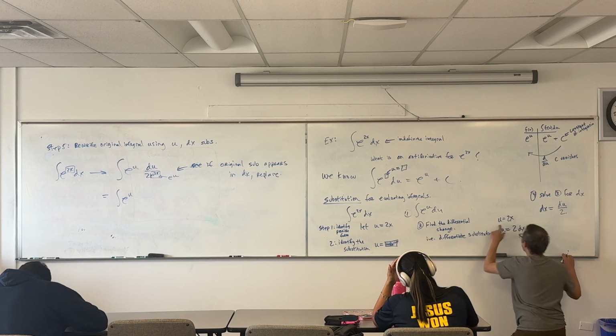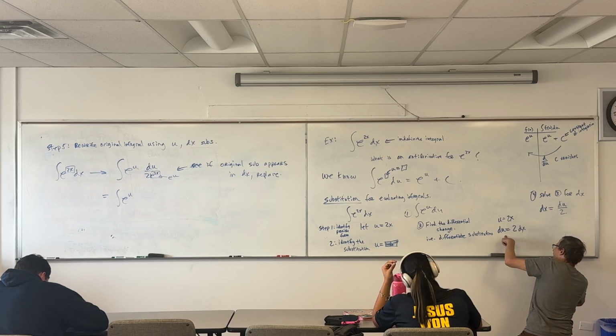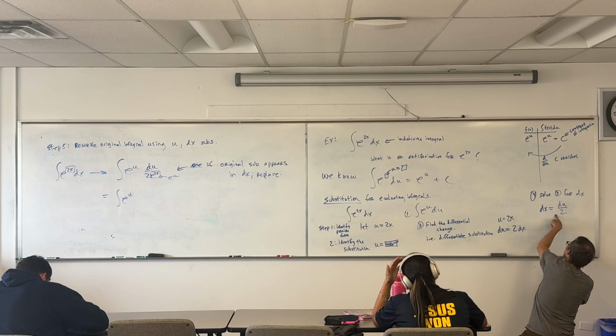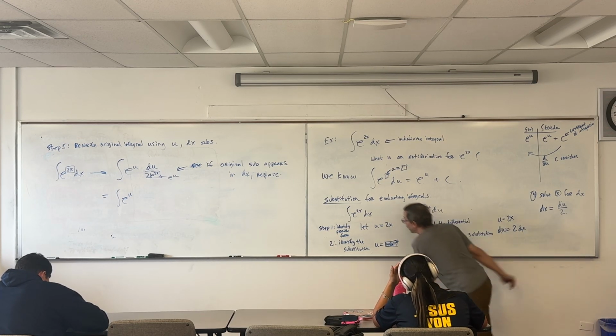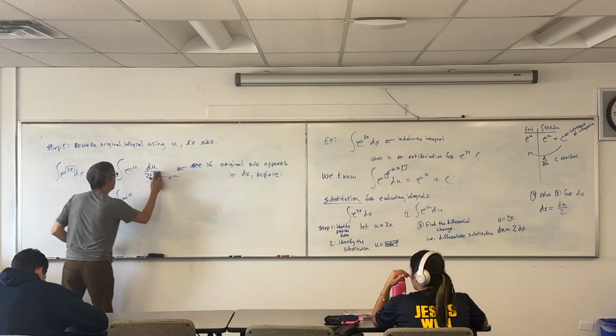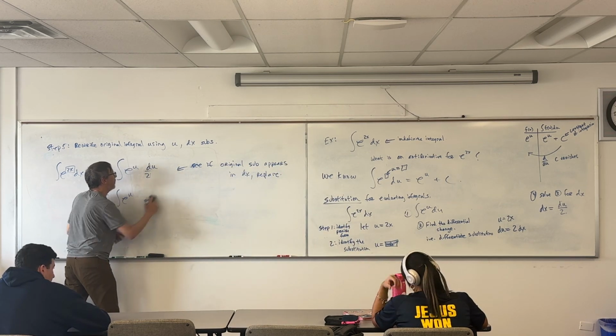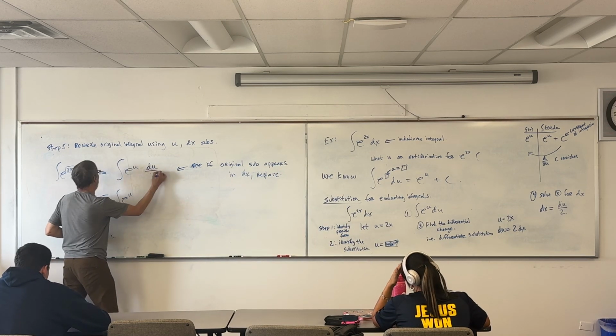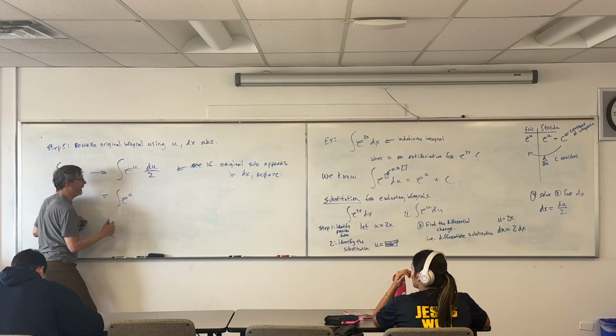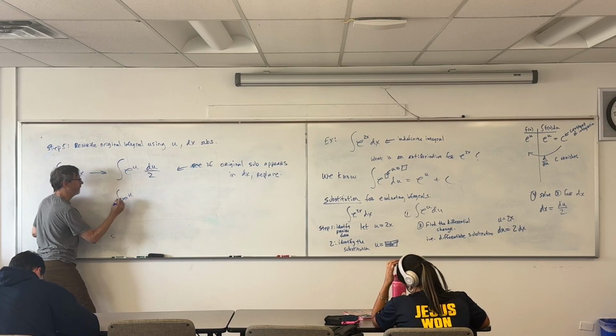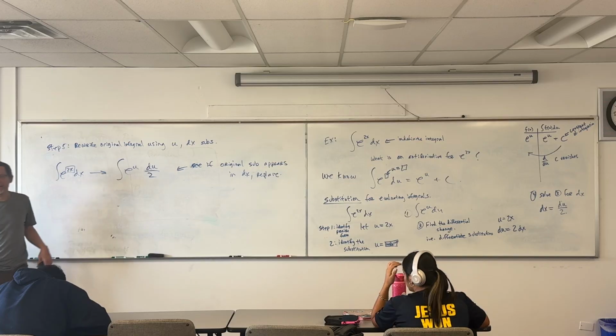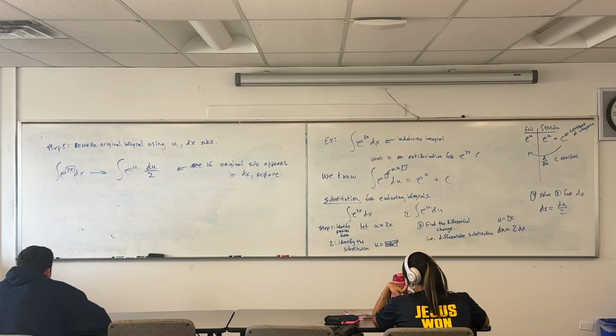So u is 2x, I differentiate that, and I've got du is 2 dx. When I solve here, this works out a lot better. So the dx became du over 2. Thank God. There we go. Sorry about that. Scared the hell out of me.